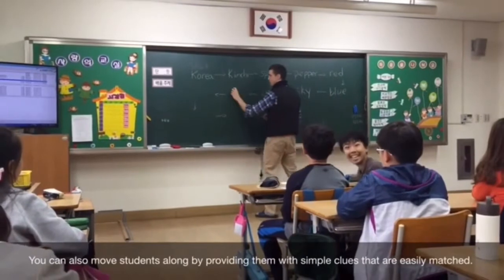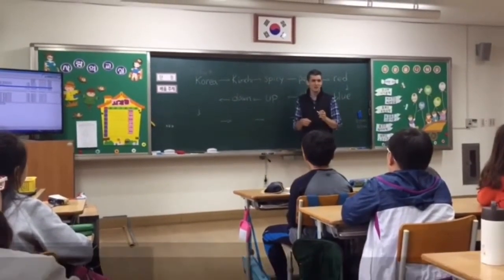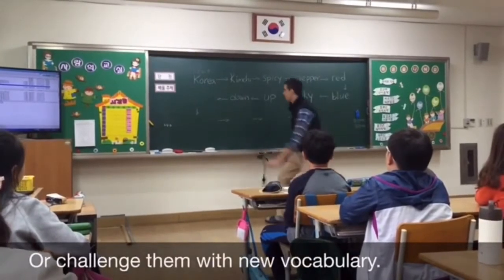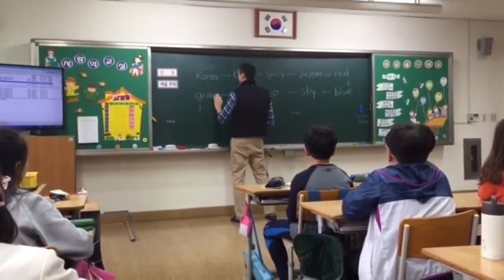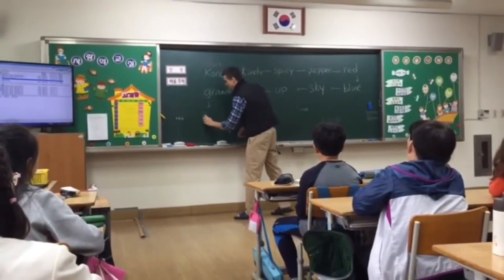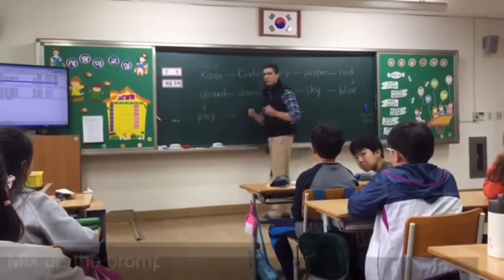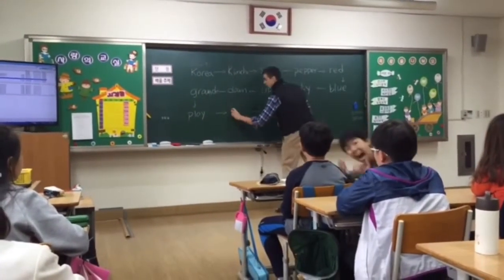Up and down. Oh, but down, what do we think of down? Ground. Ground, the floor. Ground. Playground. Oh, nice, very good. Playground. Ground and play. Play with whom? Friends. Friends. Friends. Perfect.